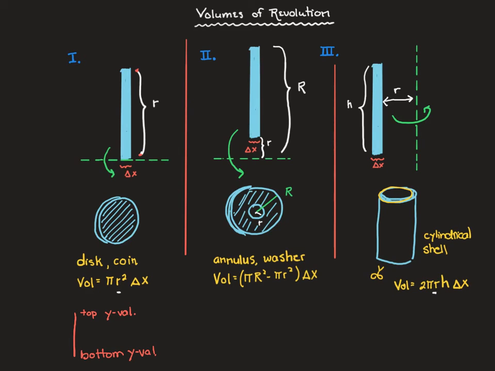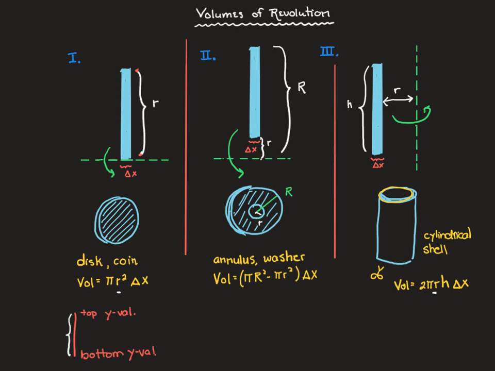And that will give us this distance. How about a horizontal distance? So here, top y value minus the y value of the axis of rotation. Bottom y value on the rectangle minus the y value on the axis of rotation. Similarly, H, it's top y value minus bottom y value.